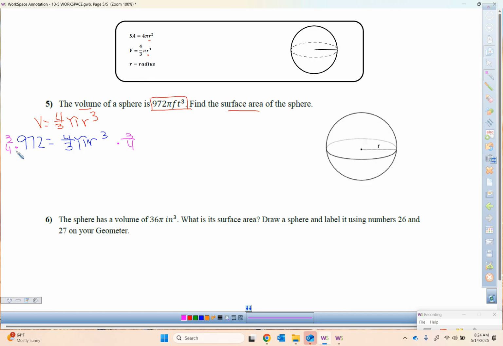Okay? So if we do that over here, this would be like 3 times this divided by 4. It'd be like if I took this number and put it over 1. Okay? So 3 times 972 divided by 4, I get 729. Okay? So when I did this, this caused this and this to cancel, so I'm left with pi radius cubed. Okay, what do you think my next step is?